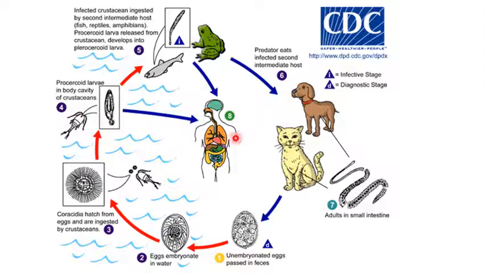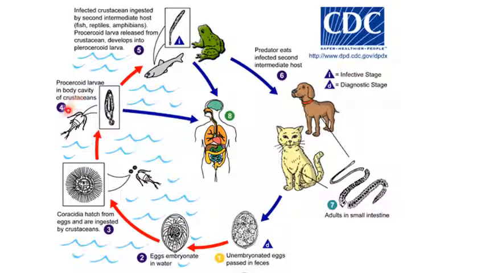This is the life cycle of sparganosis, the same as Diphyllobothrium latum as mentioned before. But sparganosis means the development of plerocercoid larvae in the animal, resulting in many damages. As here, embryonated eggs pass in the feces, the eggs embryonate in water, and coracidia hatch from the eggs and are ingested by crustaceans.